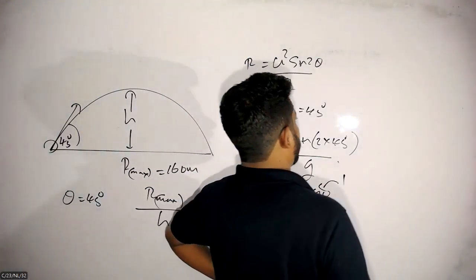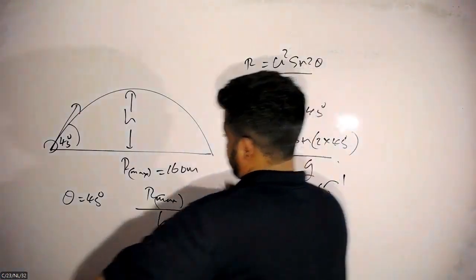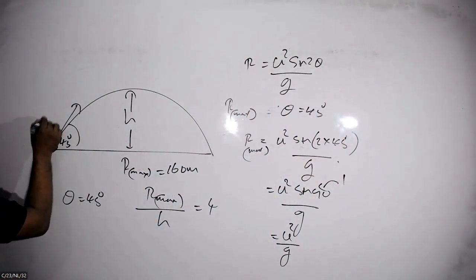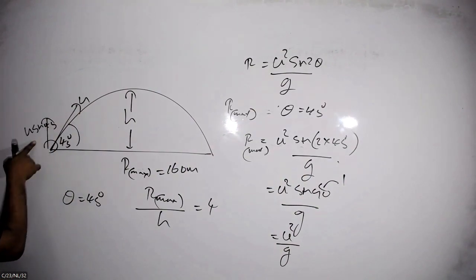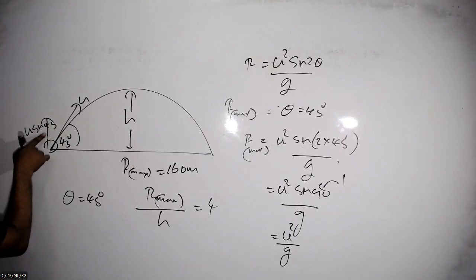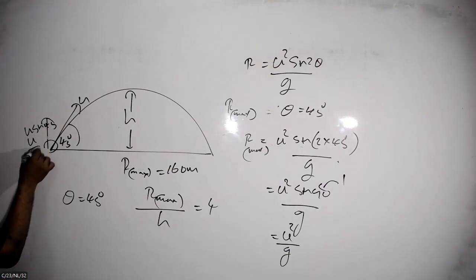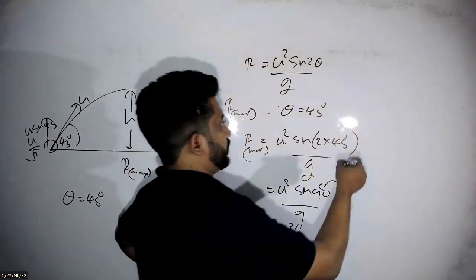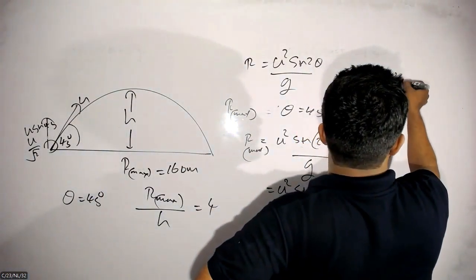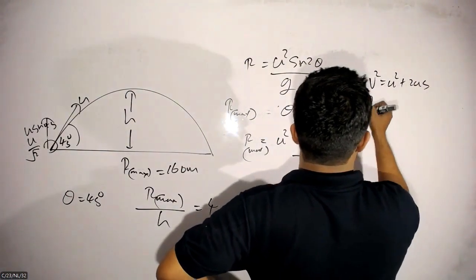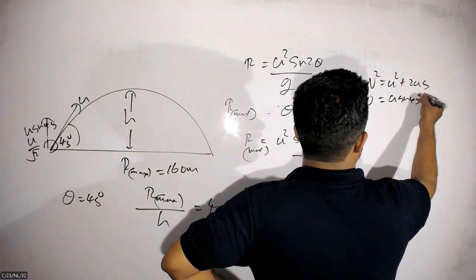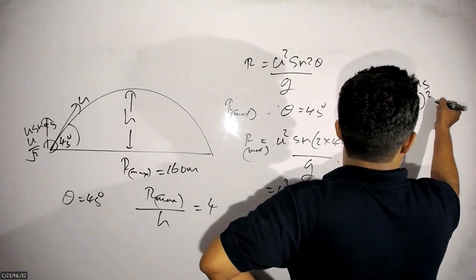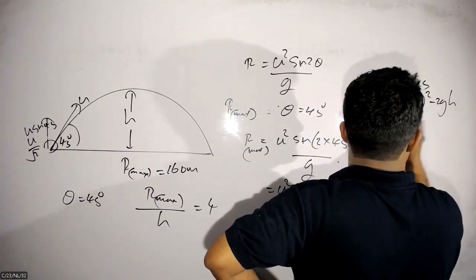Then you can obtain the maximum vertical height by applying the equation for the initial vertical velocity component. If the initial velocity is u, the vertical component is u sin 45, that is u over root 2. v squared is equal to u squared plus 2as. v squared is 0 at the maximum height, so 0 equals u sin 45 squared minus 2gh.